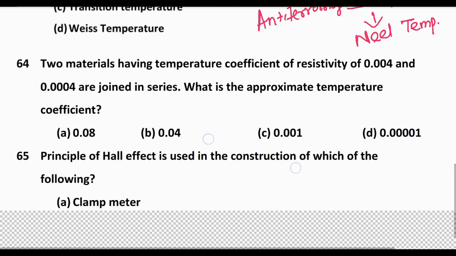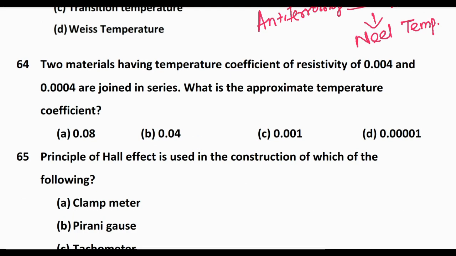Next question is, two metals having temperature coefficient of resistivity of 0.004 and 0.0004 are joined in series. What is the approximate temperature coefficient? For this type of question, generally the resultant temperature coefficient of the series combination will be the average or nearby.